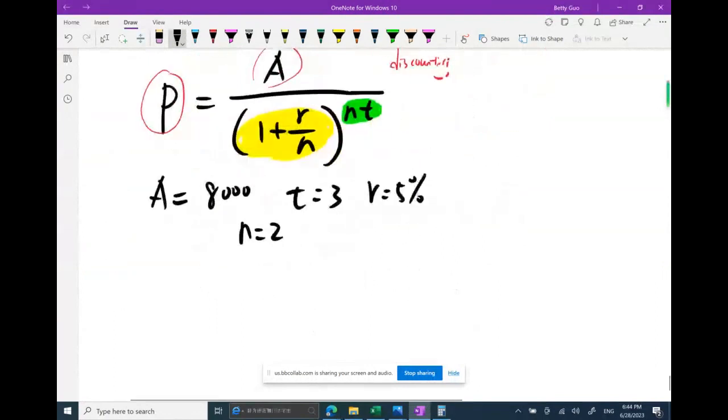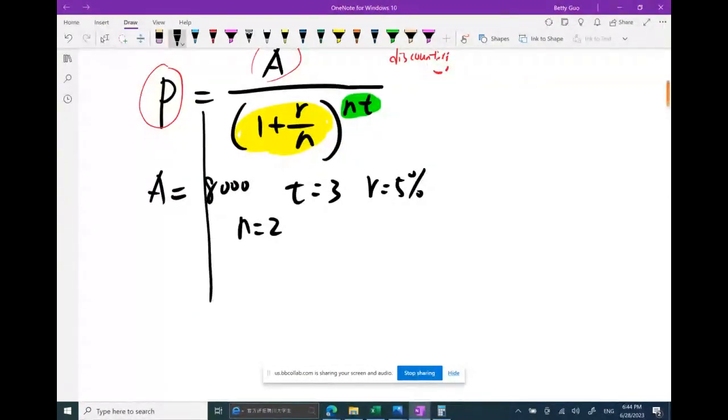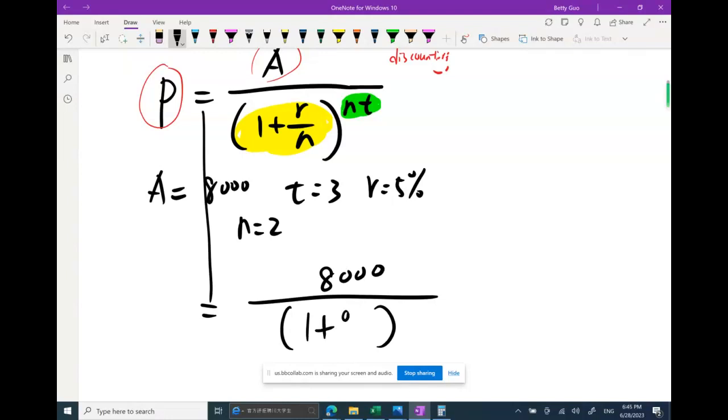Okay. So we're going to plug in all the values that we have. Numerator 8,000. Denominator, the compounding factor or discounting factor, 1 plus 5%, 0.05 over 2. So 0.05 over 2 is the semi-annual interest rate. And then to the power of 6, twice a year for 3 years. So the total number of times interest is compounded is 6.